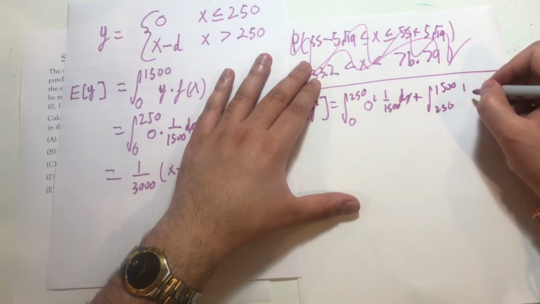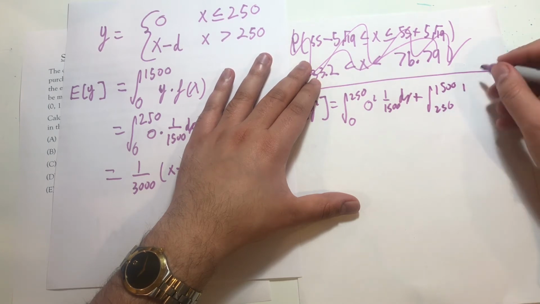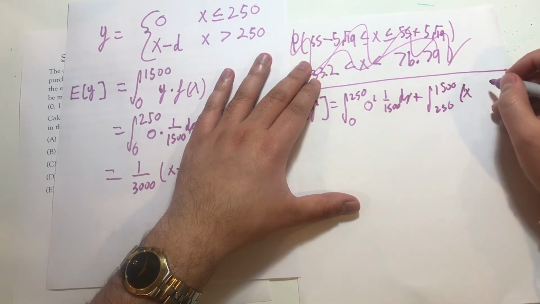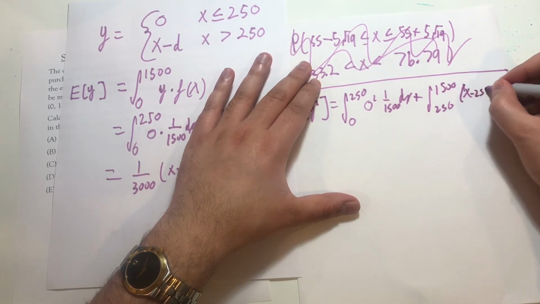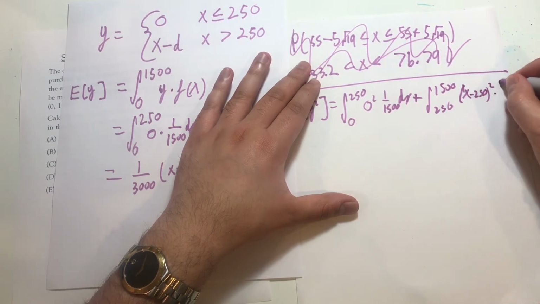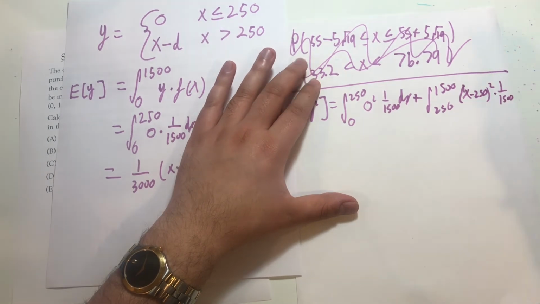I was about to do the 1 over 1,500 first, but just for consistency, I'll write it this way.